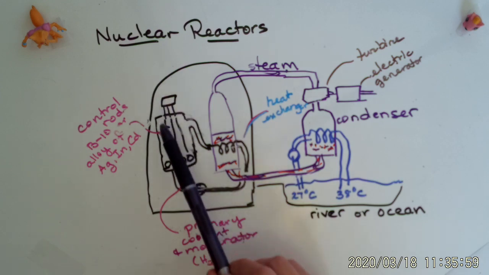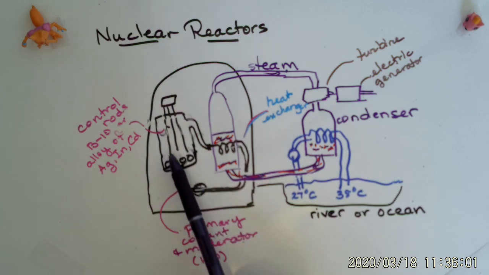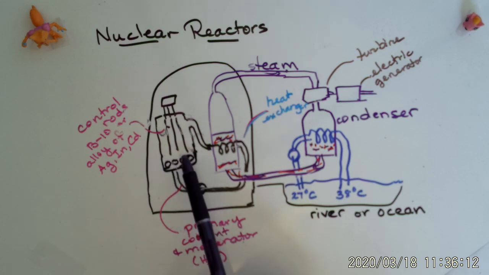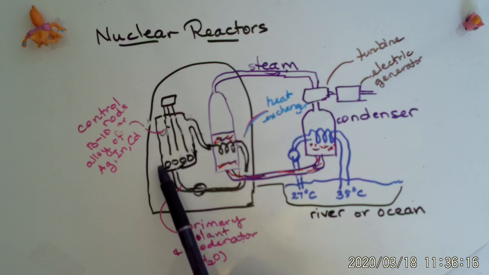So we can manipulate these control rods by lifting them up and removing some from the reaction or putting them down. And by absorbing neutrons, we can control and maintain this critical mass so that we don't have any supercritical reaction occurring.